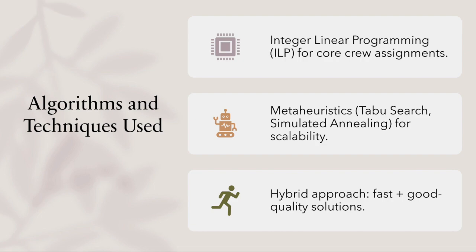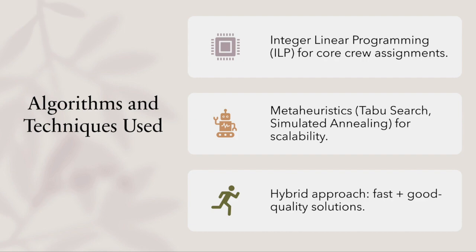It guarantees all the rules are followed and minimizes costs like overtime. However, due to the large-scale nature of the problem, ILP can be slow and inefficient when dealing with millions of variables, which is where metaheuristics come into place.